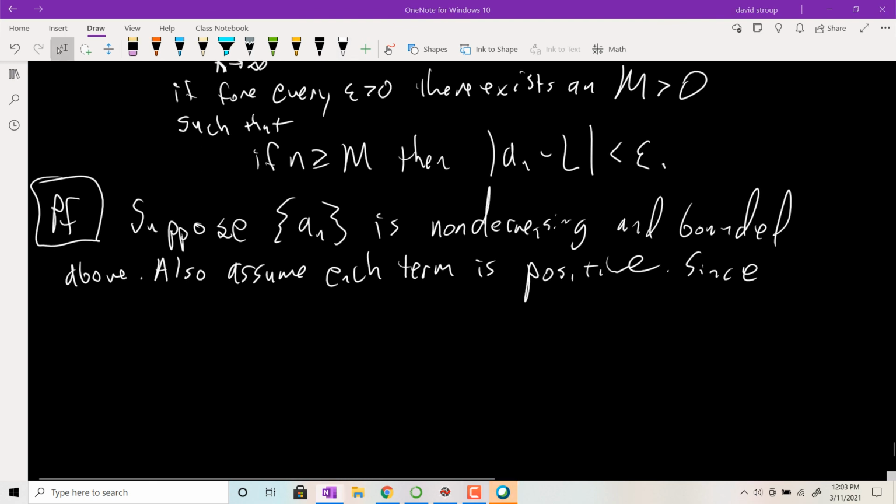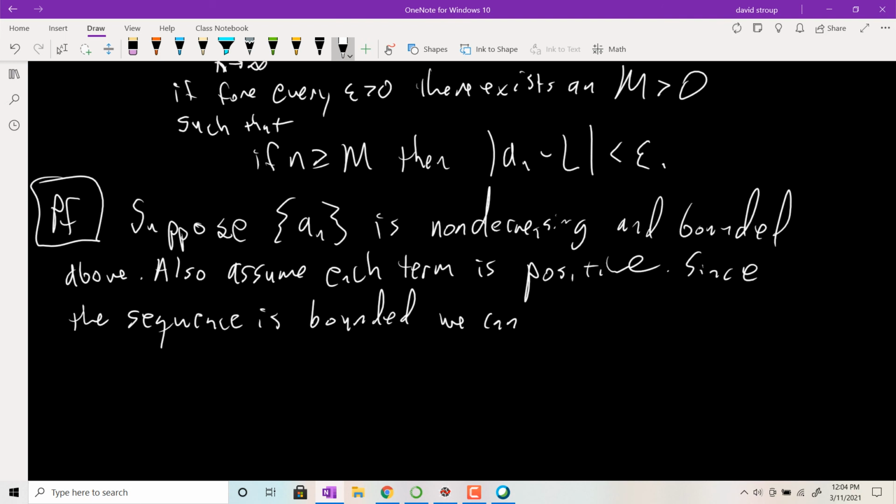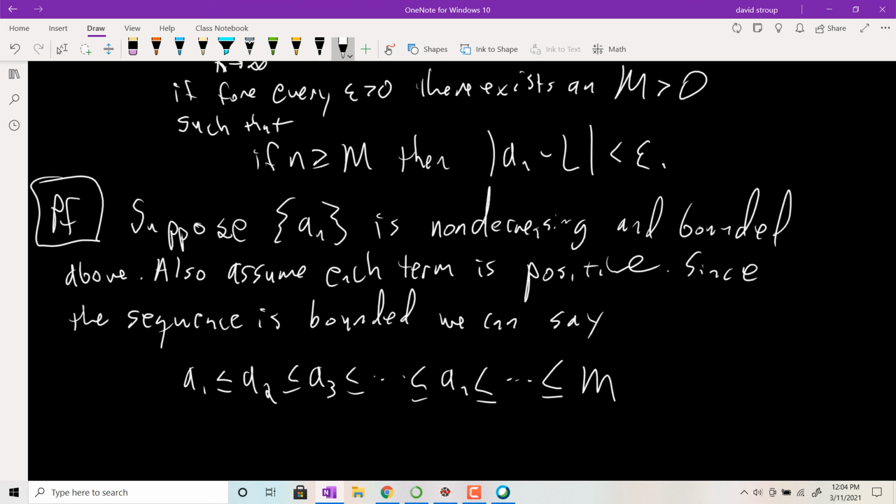So we can say this chain of inequalities: a sub 1 is less than or equal to a sub 2, and we can make the chain because it's non-decreasing, less than or equal to a sub 3, less than or equal to dot dot dot, less than or equal to a sub n, less than or equal to dot dot dot, and of course it's bounded above, so all of the terms of the sequence are bounded above by M. So M must be greater than or equal to these terms below it. I'm going to use that big M later.